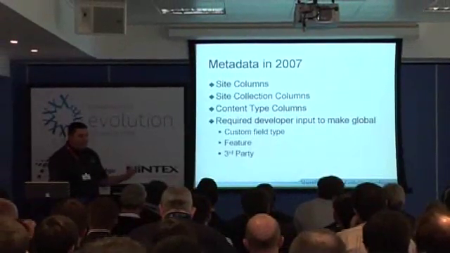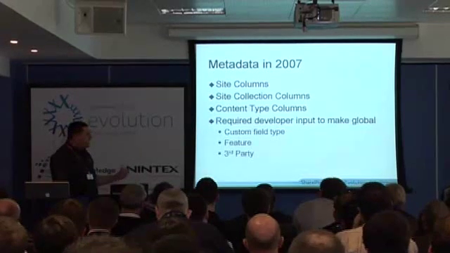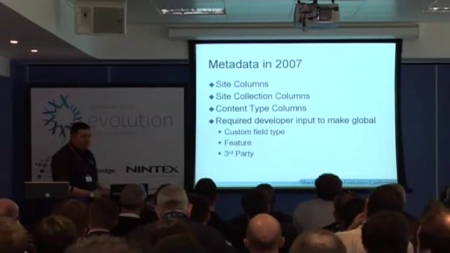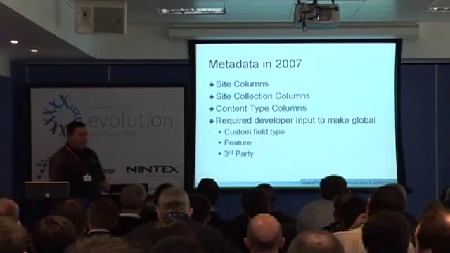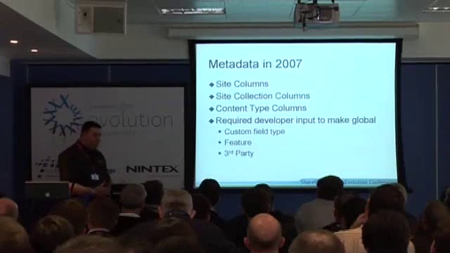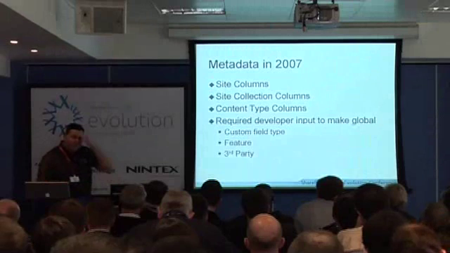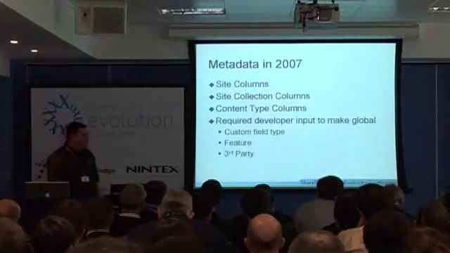But again, if we want to make columns global, across the whole organization, we have to have a developer involved. We have to either have some feature creator that deploys that column into every single site collection, or we need a custom field type creating or some custom code that gives us that column and that metadata in every single site collection.